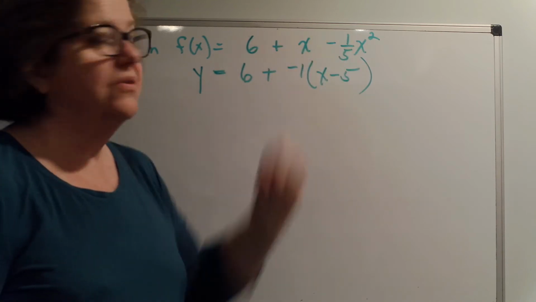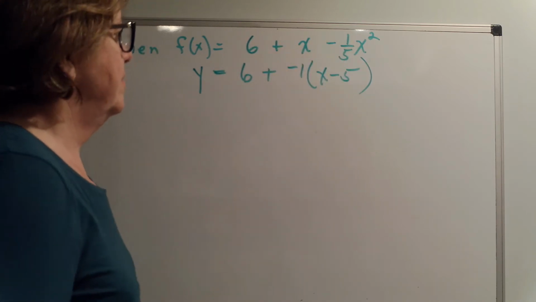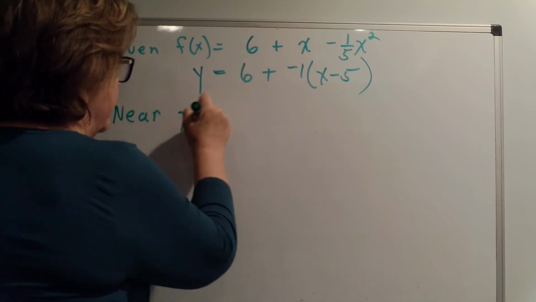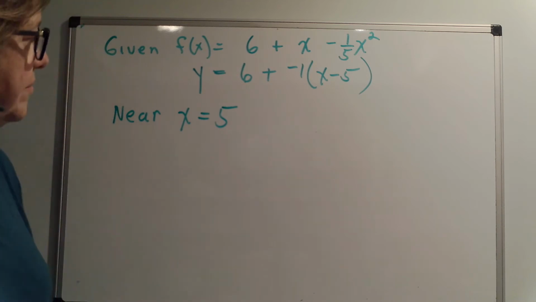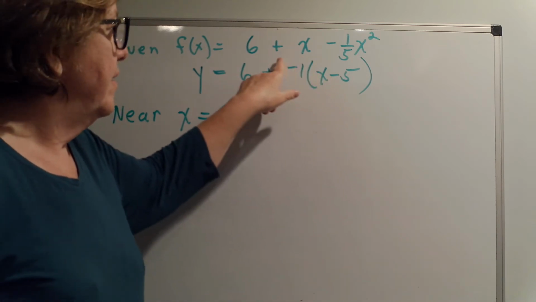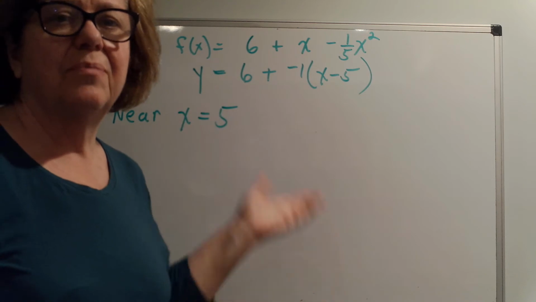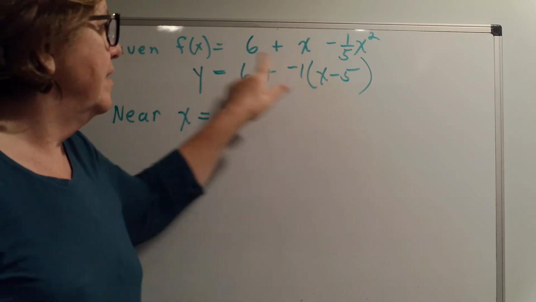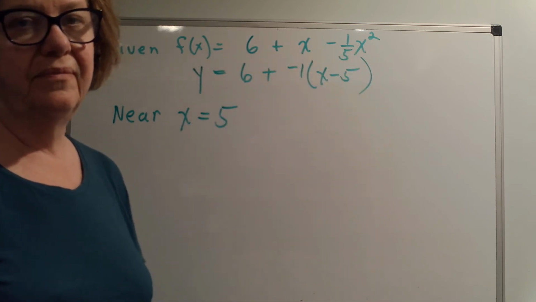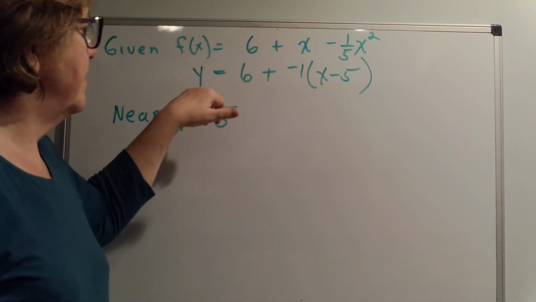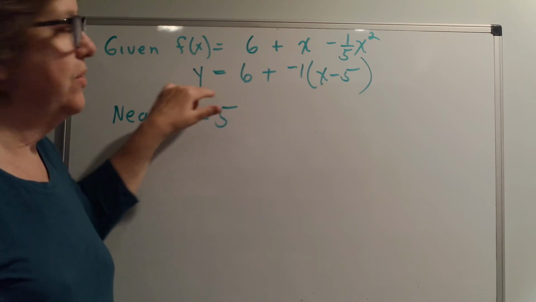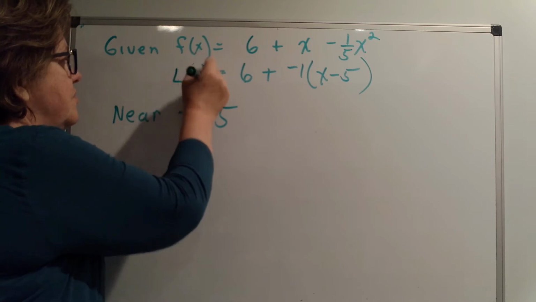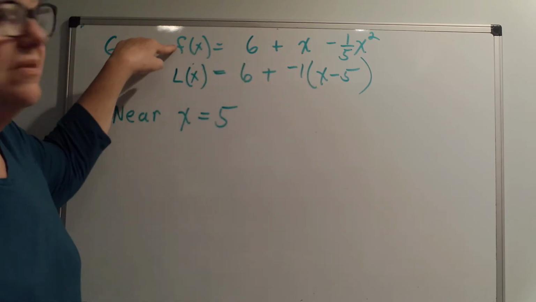Instead of using the function, when we're near the point where x equals 5, then we're going to get a good approximation to the function using the simple linear formula instead of this formula. Now, instead of using a y, what your book likes to use is an L of x, just to distinguish this from this.